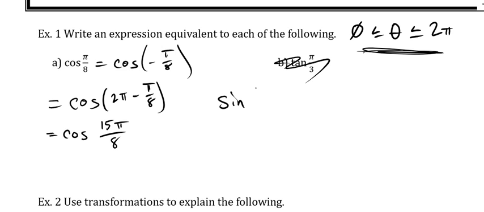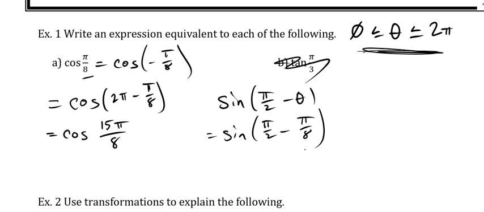I'm going to use sine of pi by 2 minus theta, where theta is what I started with. So that's sine of pi by 2 minus pi by 8. And then I'm going to solve that again and reduce it properly. And that's going to give me an answer in my domain always.